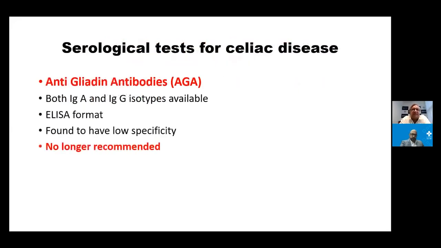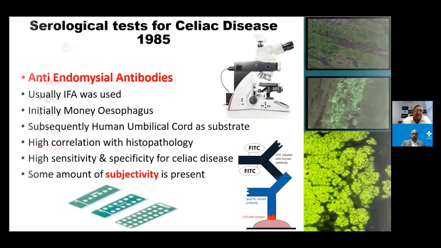The serological tests for celiac disease: anti-gliadin antibodies were the first antibodies to be described. Both IgA and IgG isotypes were available in ELISA format, but they were found to have low sensitivity and specificity, and so are no longer recommended.